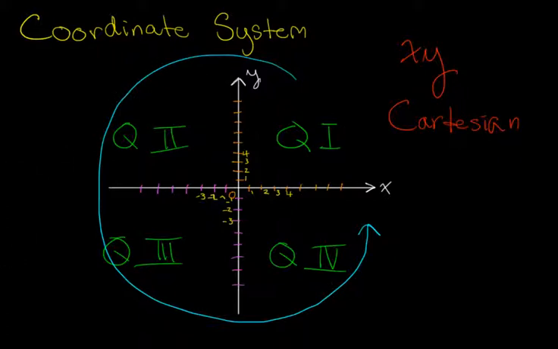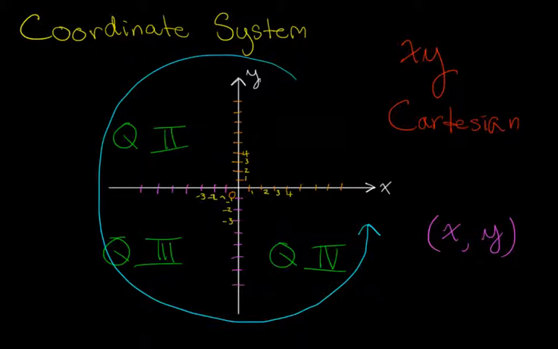And this is how to plot something. If we plot something in quadrant 1, we need to know its x value first. So if we were given an ordered pair, we put it in parentheses, and its x value is here and its y value is here.